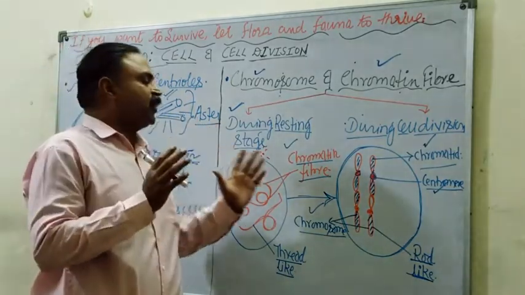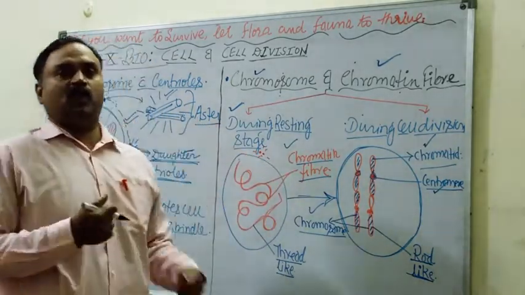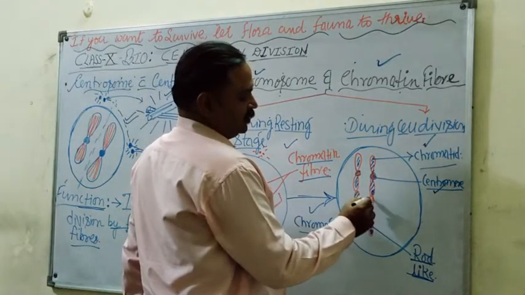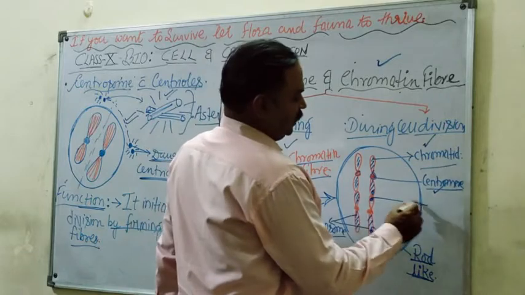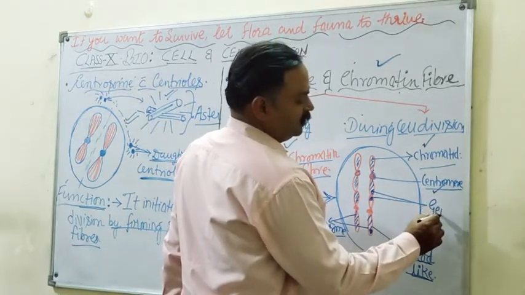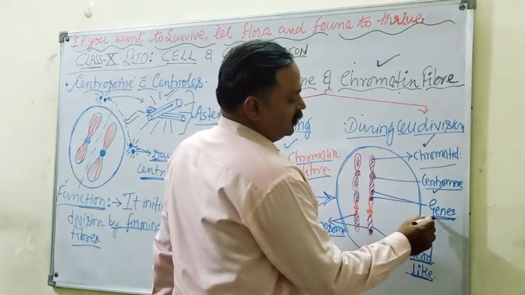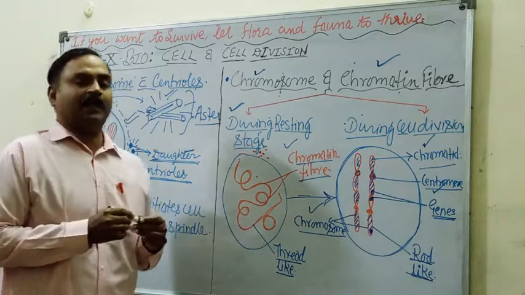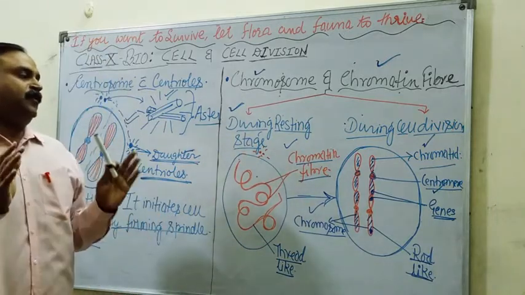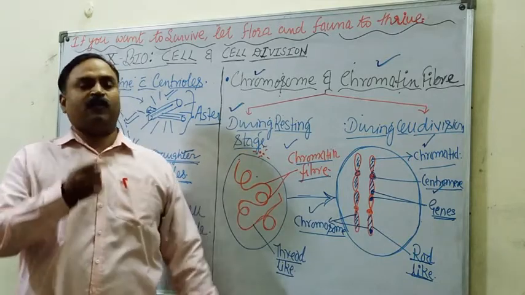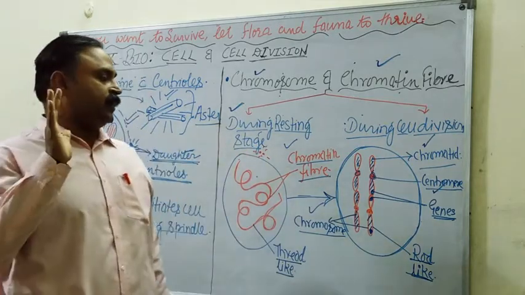It carries the unit of heredity, that is called genes. Segments of the DNA in the chromosomes are called genes. Genes, chromosome and chromatin fiber all together have the same function. They are responsible for hereditary character. They carry hereditary character from one generation to another. Isn't it?